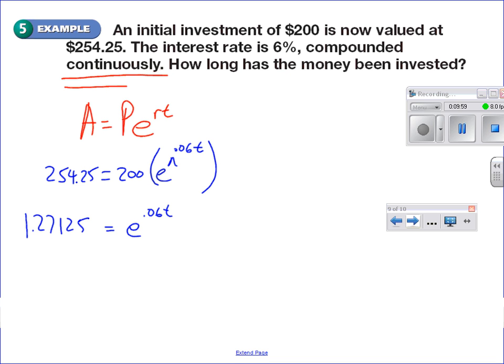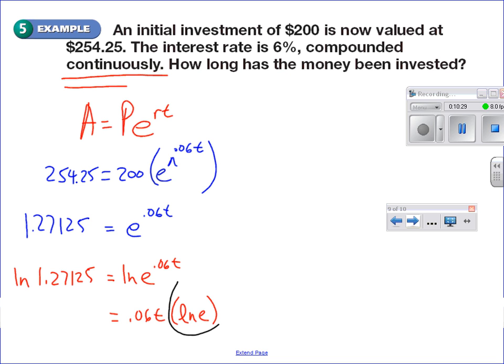Okay? Now I'm back to, again, variable in the exponent spot. So I'm going to take the natural log of both sides. And now power rule, 0.06t comes to the front times the natural log of e. Yay, again, that's a 1.